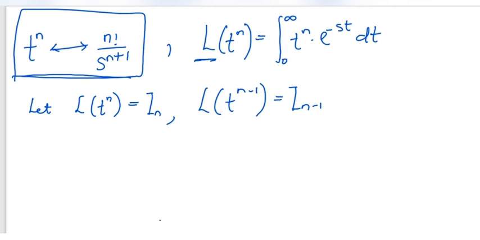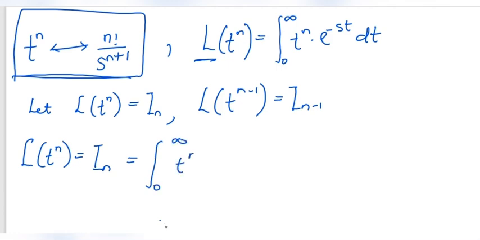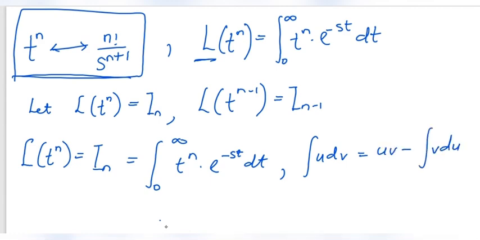Alright, so with that being said, the Laplace transform of t to the power of n, we're going to write it for the last time, is simply the integral from 0 to infinity of t to the power of n times exponential negative st dt. Alright, and if you remember integration by parts, we have the integral of u dv equals uv minus the integral of v du.